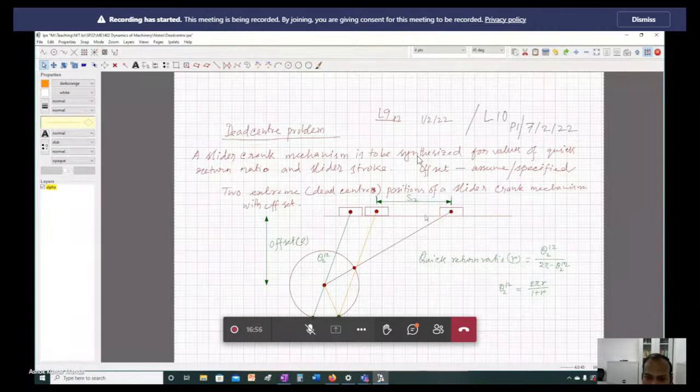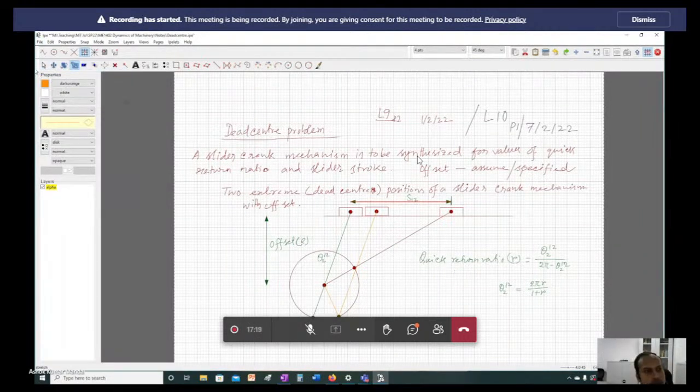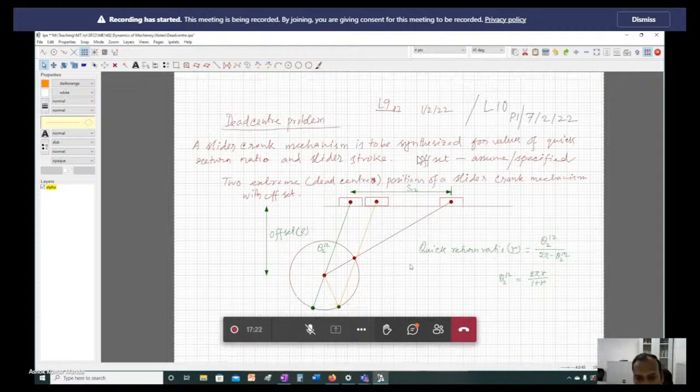Now you can see that we need to change this also. Actually this length is the stroke length, I just did it in reverse. So this length, from this point to this point, is the stroke length. And these are the two dead centers, two extreme points. This is one point and this is another point.